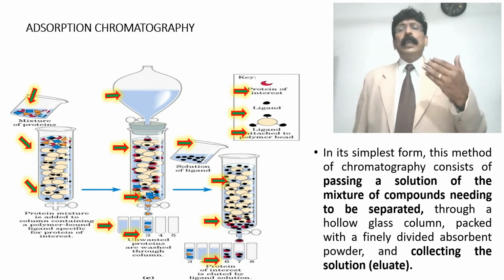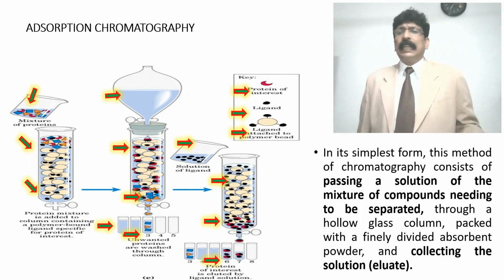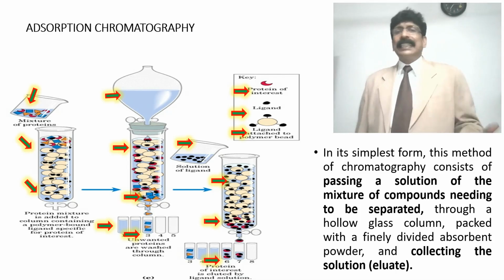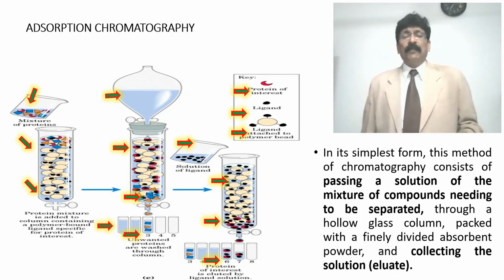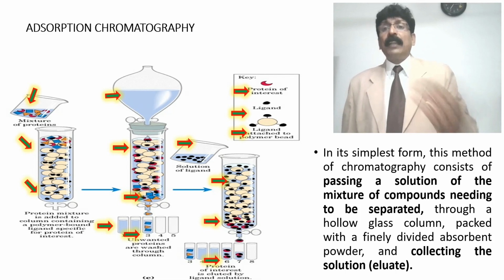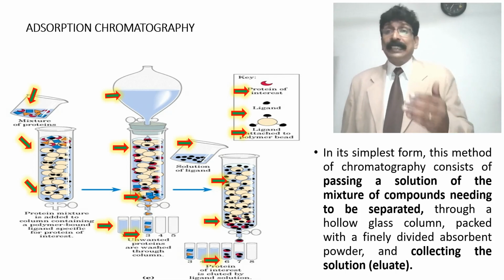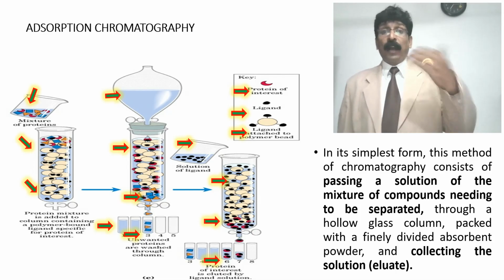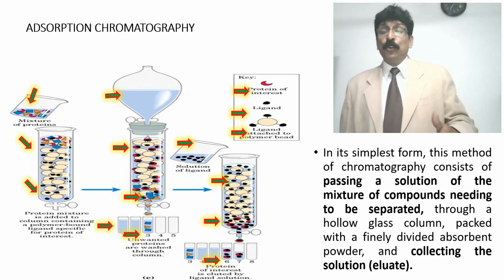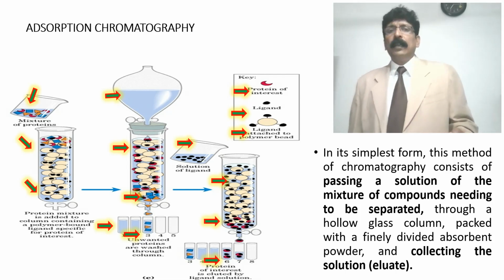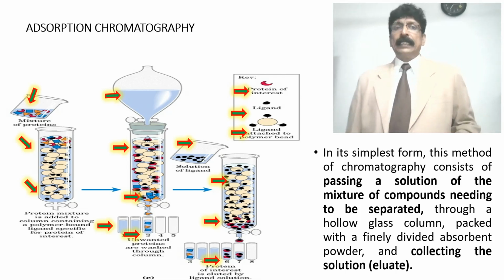So the other proteins, the uninterested proteins, are not having any affinity towards the stationary phase, towards the ligand which you kept in the column as a stationary phase. So they got excreted, or you can say they are eluted by the solvent faster. And finally, when you are using the ligand solution which has the capacity to elute the protein which you are interested in, you can separate it.